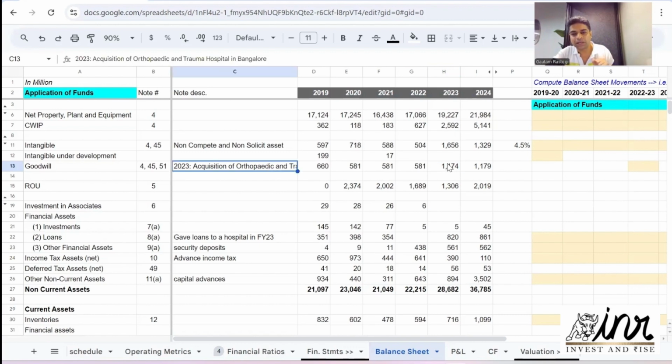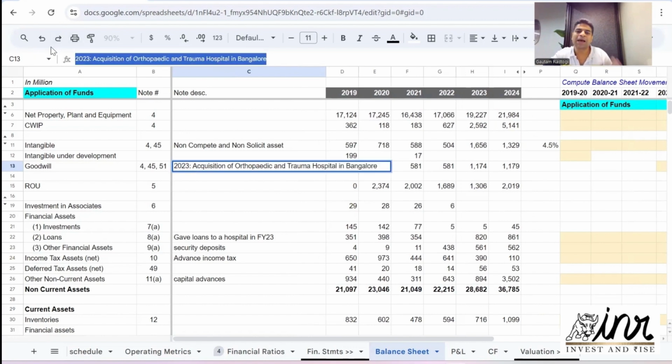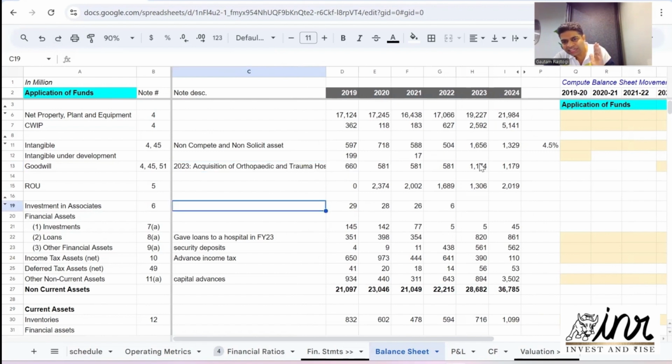So here what we learn is that this hospital acquired another hospital, and I put in a note. That's why notes help you. In 2023, they acquired an ortho and trauma hospital in Bangalore. And of course they overpaid for it. That's why the goodwill has increased twofold.